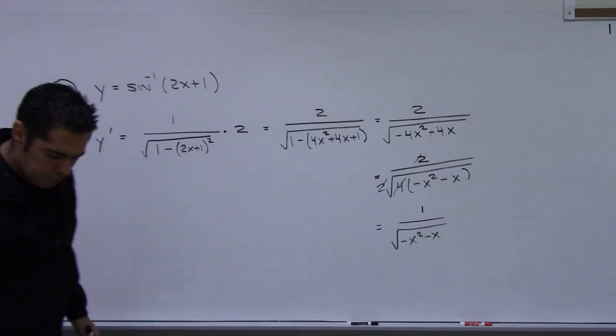you're asked to prove that the derivative with respect to x of cosecant inverse of x is equal to negative 1 over x square root of the quantity x squared minus 1.